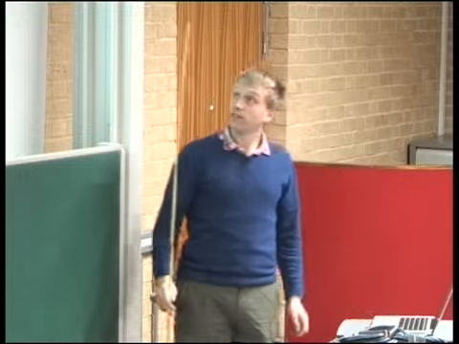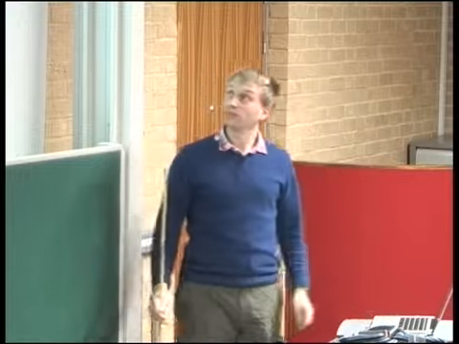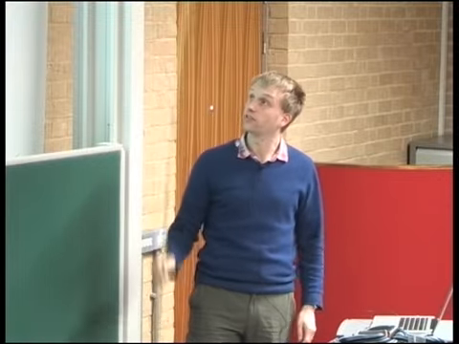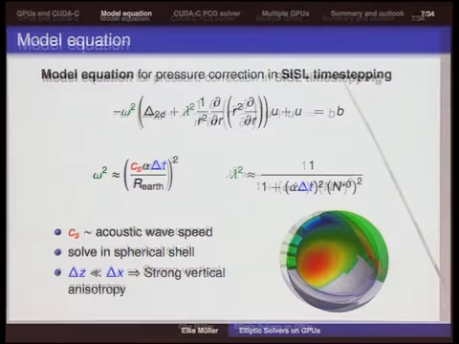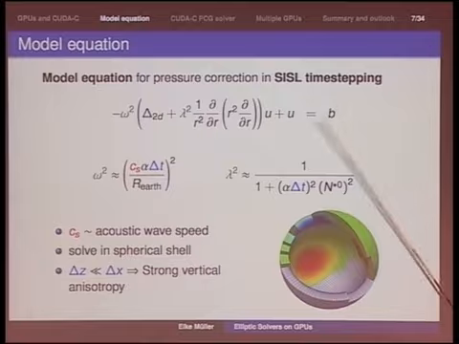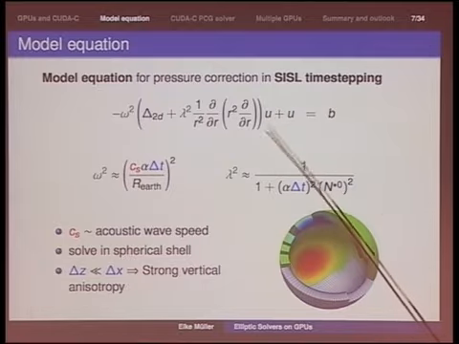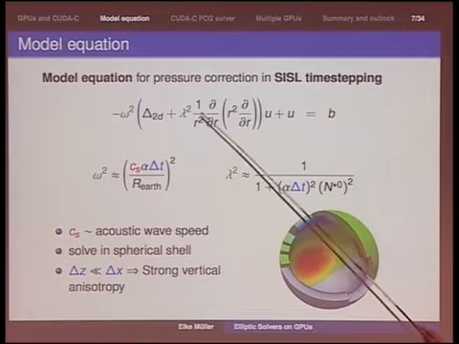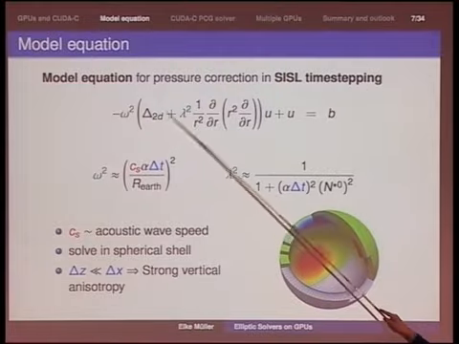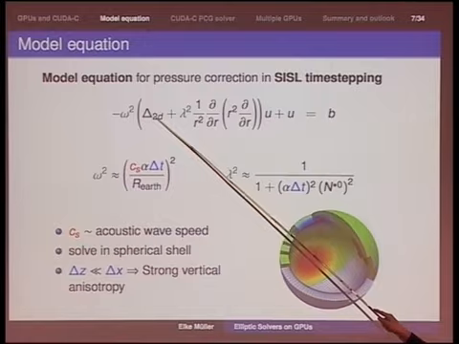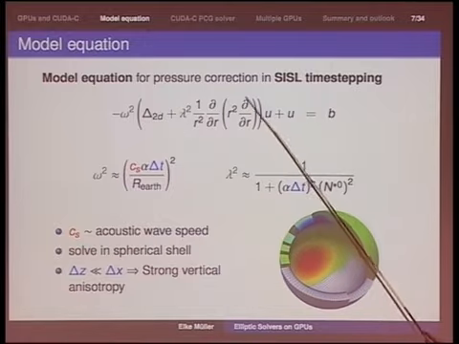Okay, so now I'm going to say a bit more about the model equation we're actually solving. I don't want to say too much because I've mentioned this so often in other talks. Basically, we're looking at this equation for the pressure correction in semi-implicit semi-Lagrangian time stepping. What we came up with is this equation here. So you have some second order derivative in the horizontal direction, and then you have also second order derivative in the vertical direction.